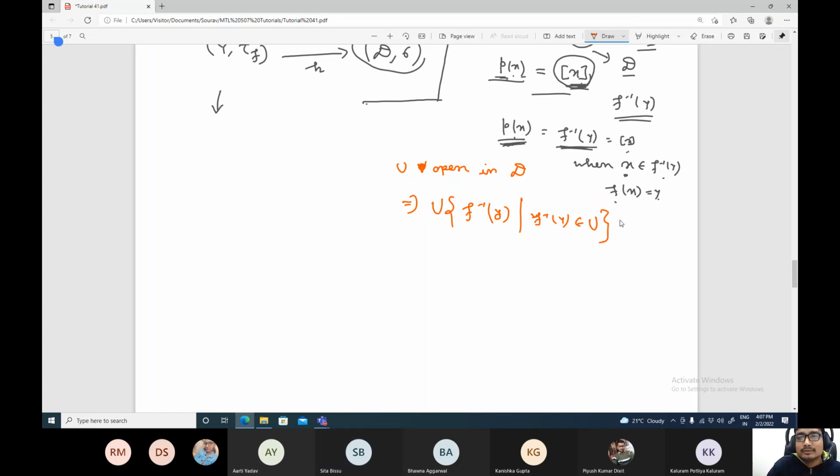This entire union belongs to tau. Right, this is just the definition.